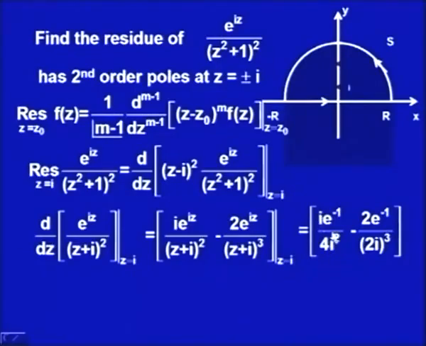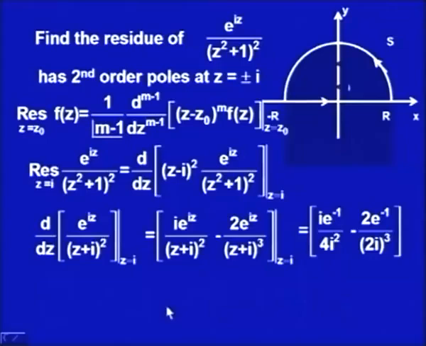So, we would get minus i e to the power minus 1 upon 4, and here the 2 is going to cancel out, i cube is minus i. So, we would get plus e to the power minus 1 upon 4i, that again would give minus i e to the power minus 1 upon 4.